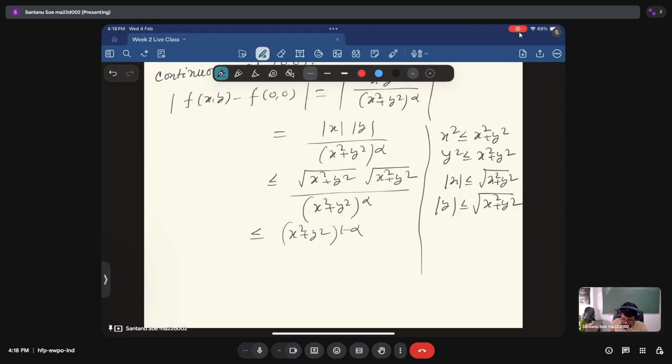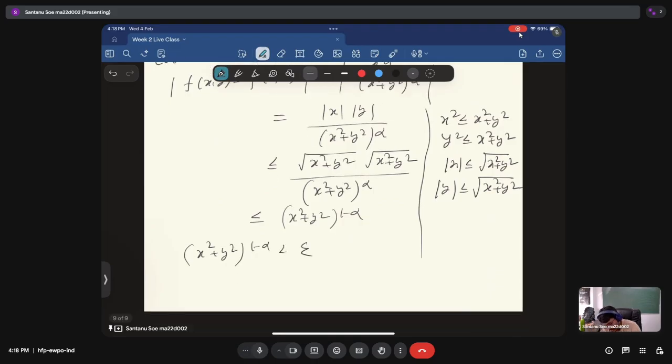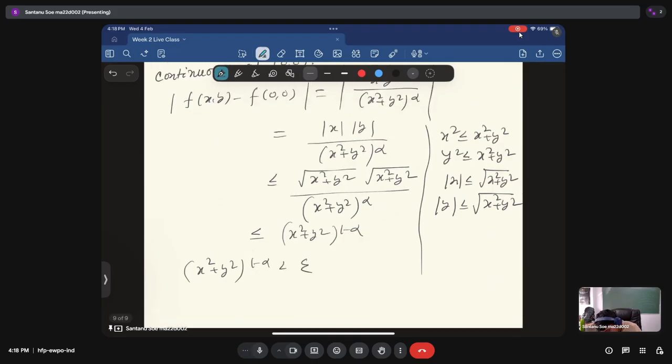So now see that we need (x^2 + y^2)^(1 - alpha) to be less than epsilon, right? So now if 1 minus alpha becomes greater than 0, or so it depends on the definition.